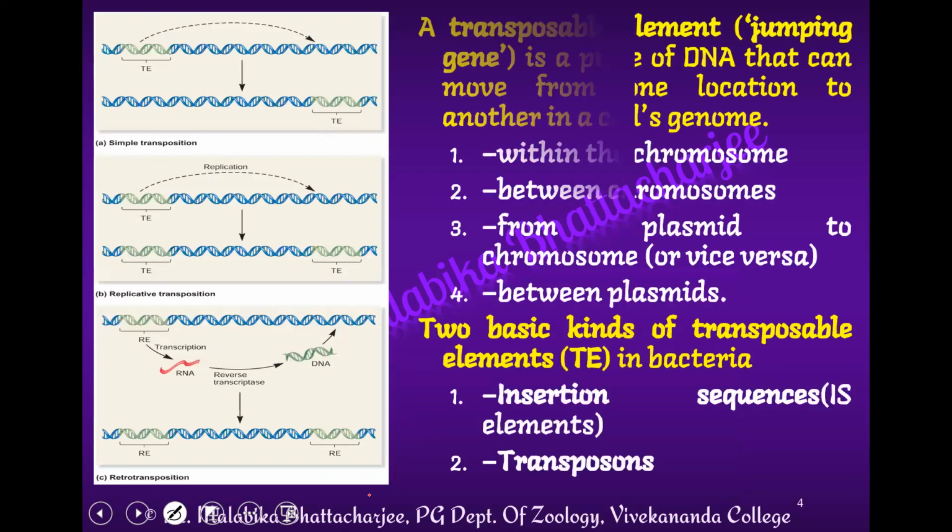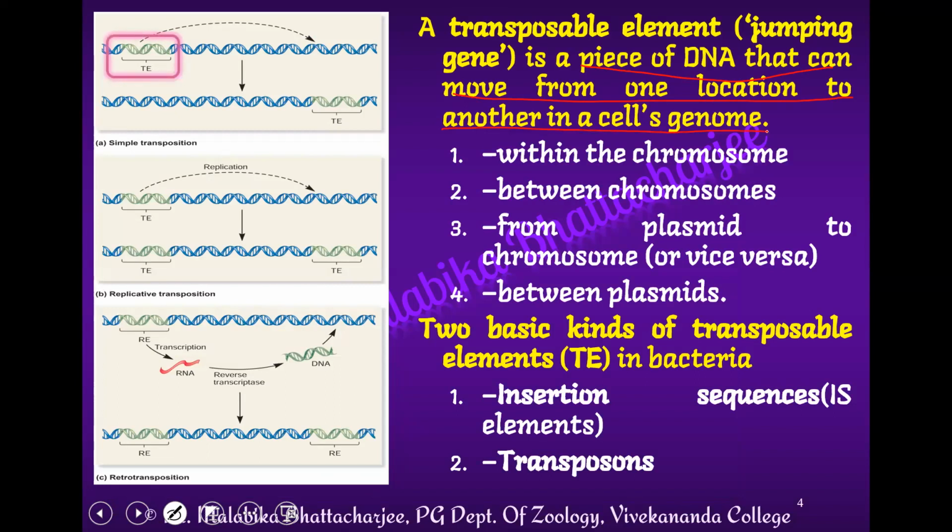Now coming to the transposition phenomenon. As I said, a transposable element is a piece of DNA that can move from one location to another location in the cell's genome. So if this is the DNA sequence that is present here, it can move out to another region within the same chromosome or into a region of a different chromosome.